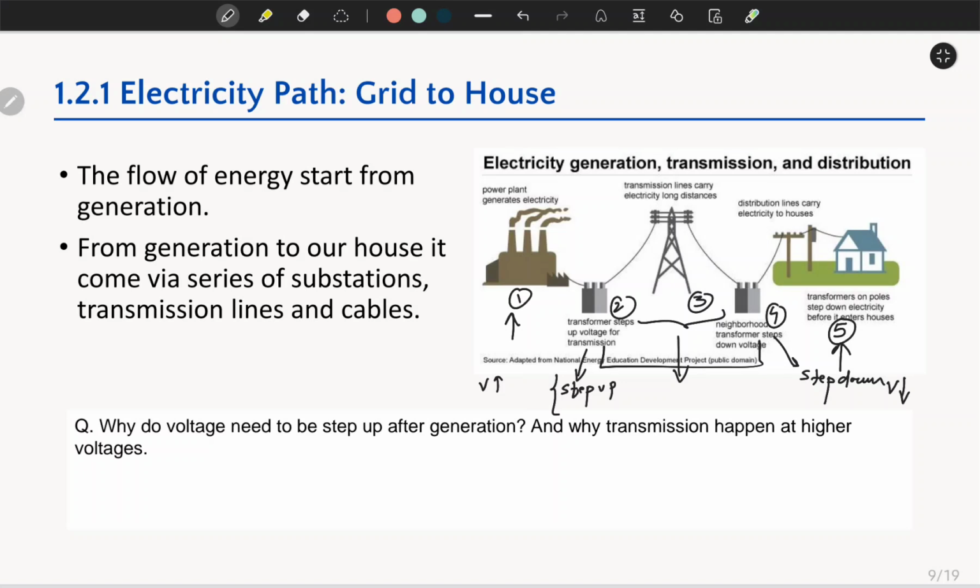But the more important question is, why do I need to step up or step down my voltages? Now, for our household, the voltage level requirements are 230 volts for the single phase, or in some special cases, in the industry or the commercial building, we may need voltages in the range of 400 to 500 volts.